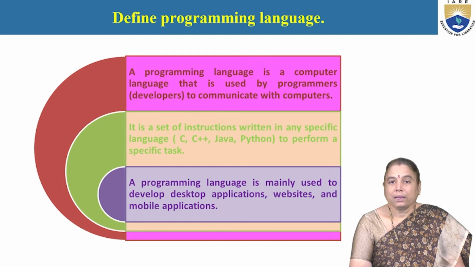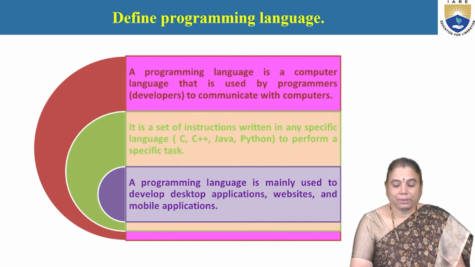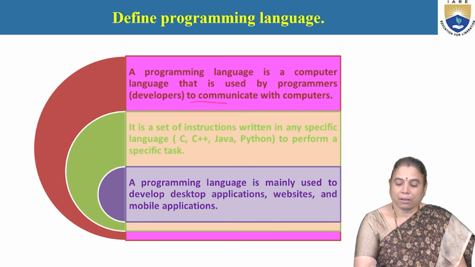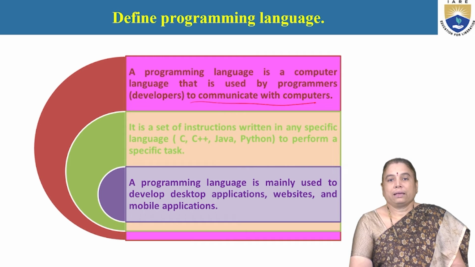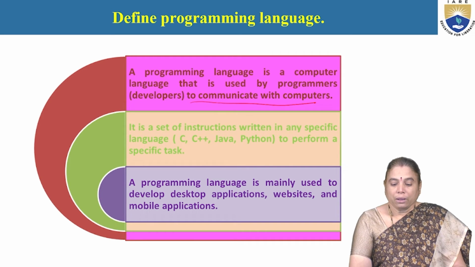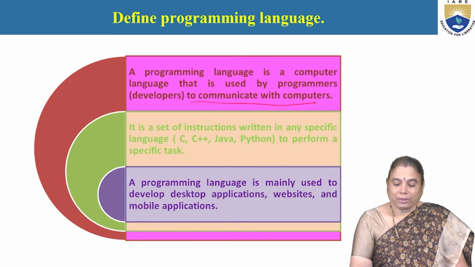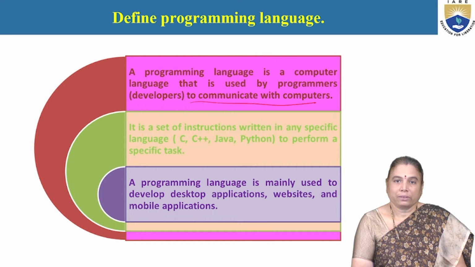Define programming language. A programming language is a computer language that is used by programmers to communicate with the computer. With the help of these programming languages, the programmers can develop computer code. It is a set of instructions written in a specific language.